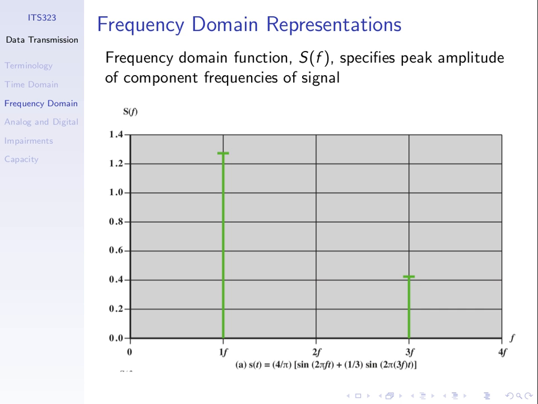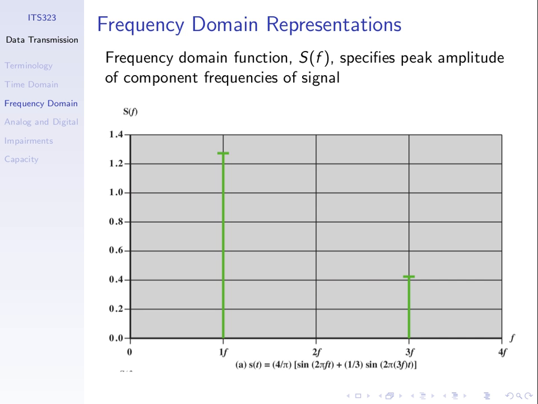We can look at the signal from the perspective of the components and the frequencies of those components. And that's how we look at the signal in the frequency domain. But I won't attempt to explain that now because we're out of time.